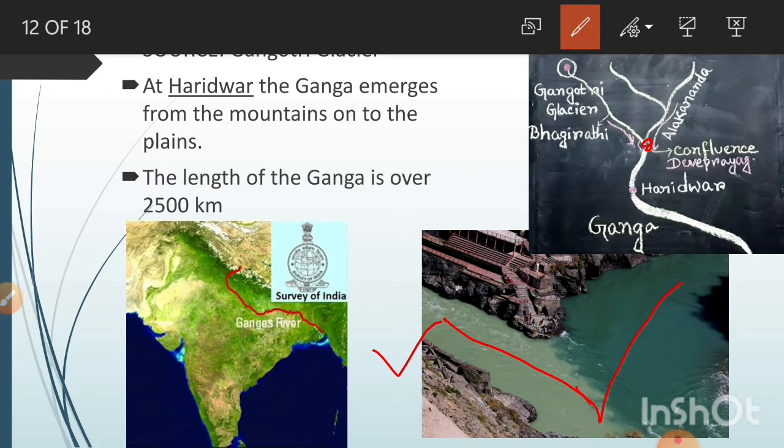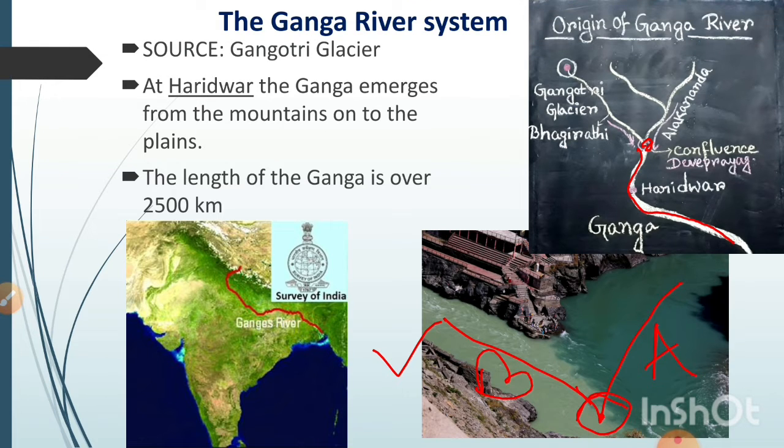This is the Bhagirathi river and this is the Alakananda river, and they are joining, and from that point the river is known as the Ganga river. The length of the Ganga river is over 2500 kilometers.